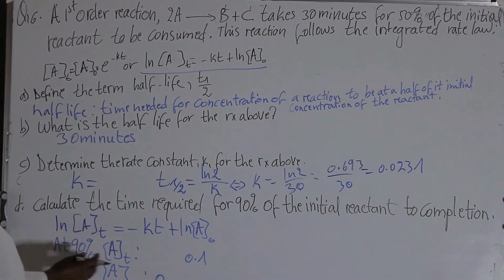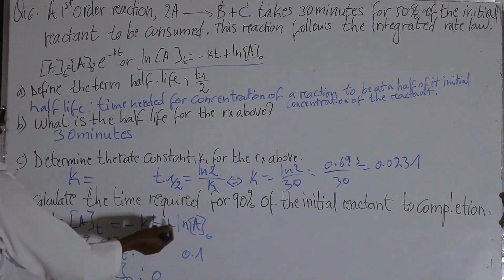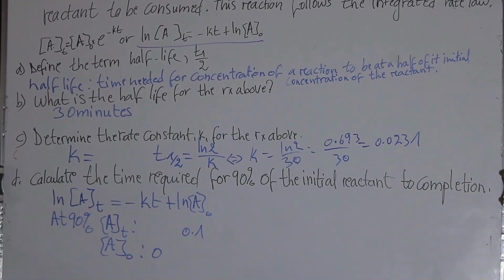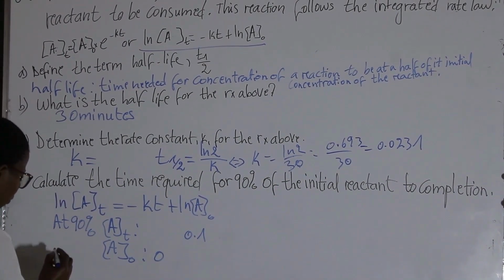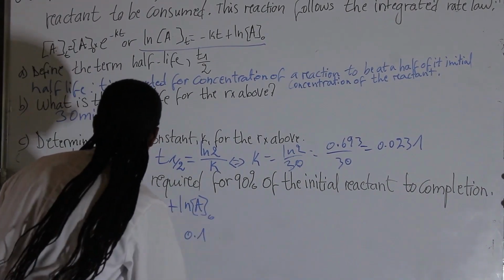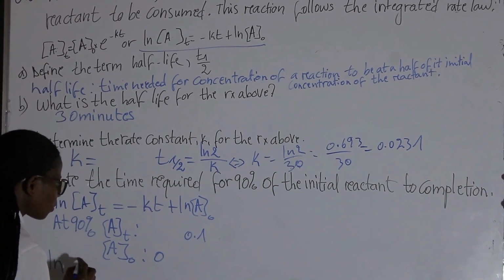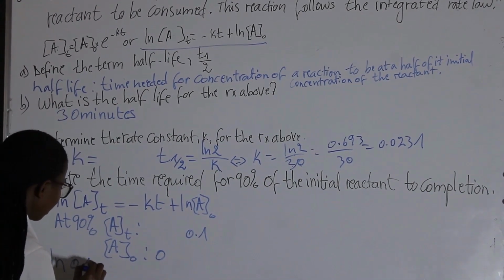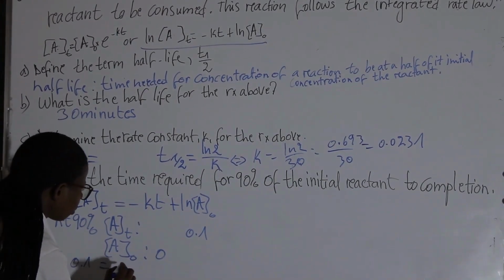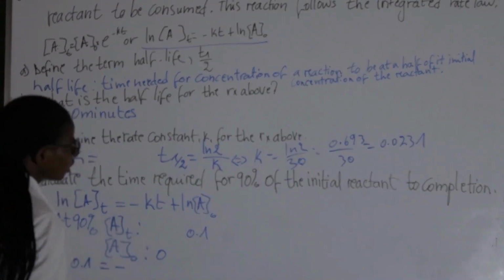Then replacing the value of each in this integrated rate law, we will get ln of 0.1 equal to minus kt.